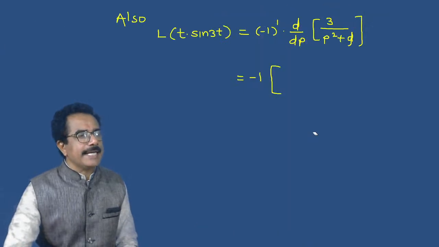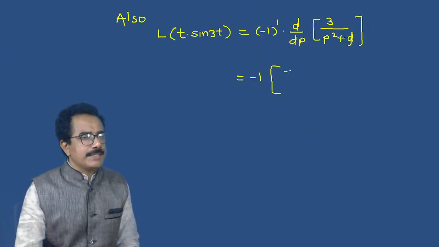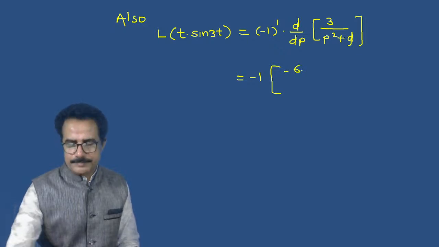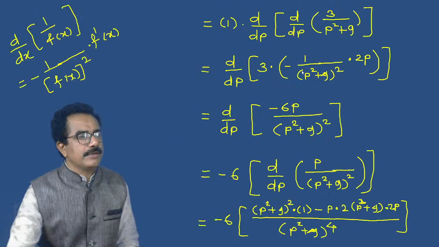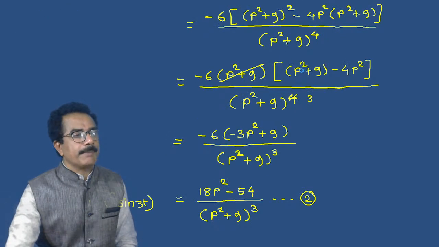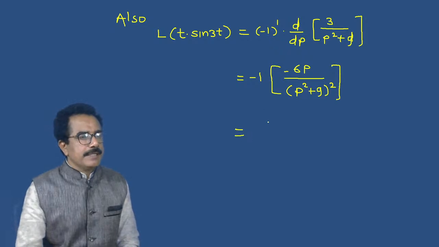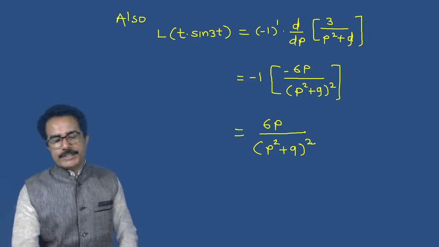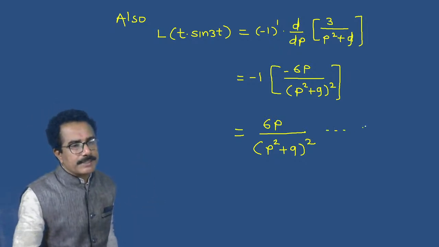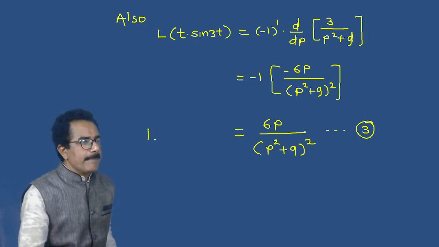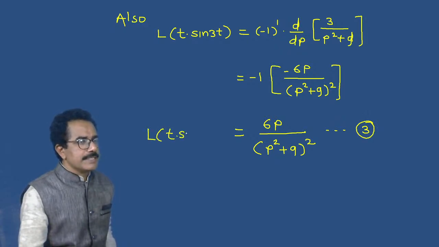So we can write directly minus, minus 6p divided by (p square plus 9) bracket square. So minus minus plus, so 6p divided by (p square plus 9) bracket square. Is it okay? Suppose this is equation number 3. This is the Laplace transformation of t into sine 3t.